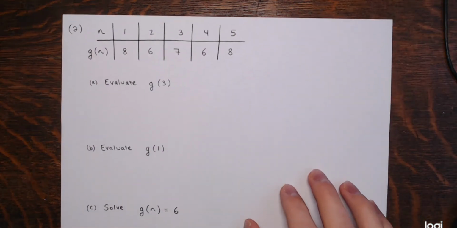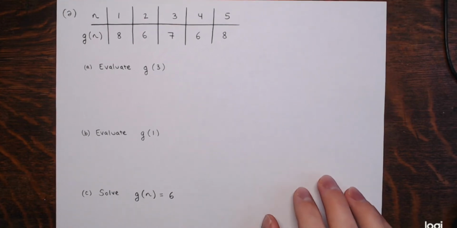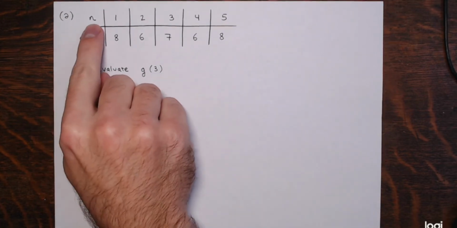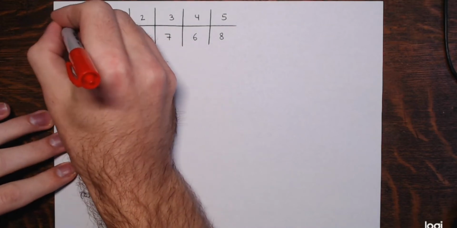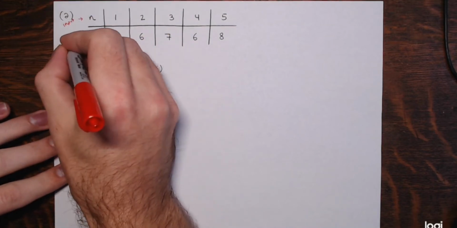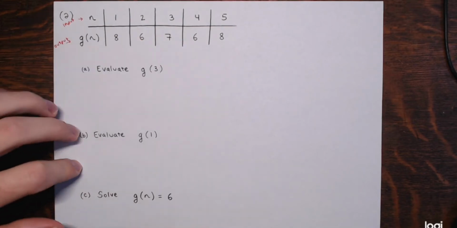All right, now in example 2, we're not given an equation. We're just given a table with inputs n, and then output g of n. So again, we have the function called g.